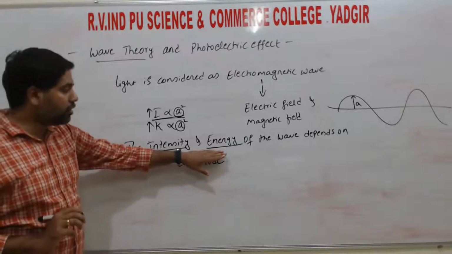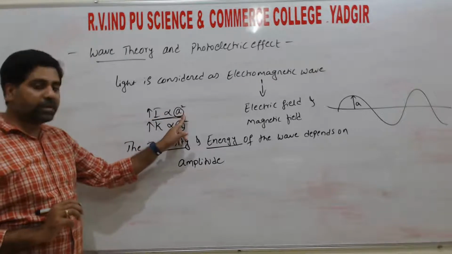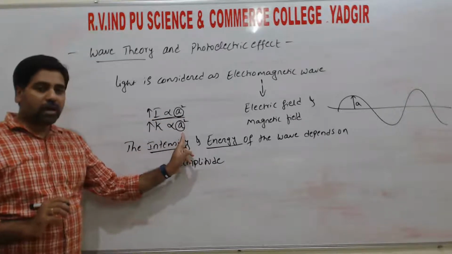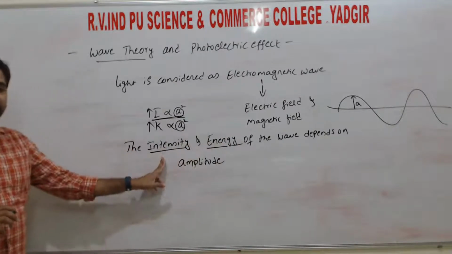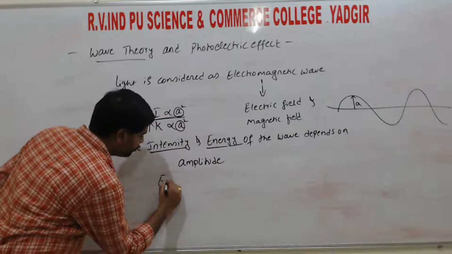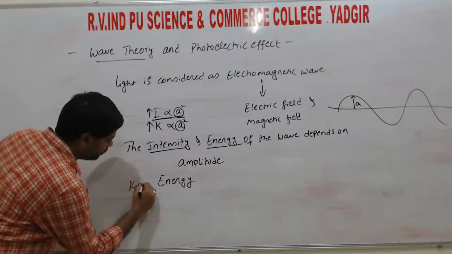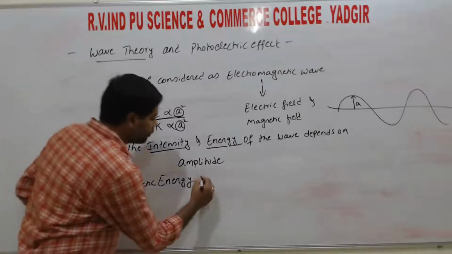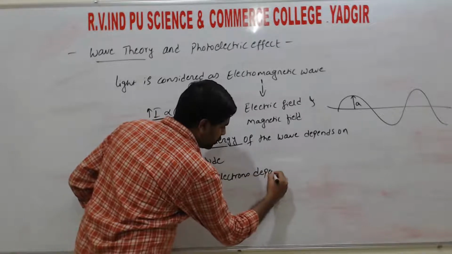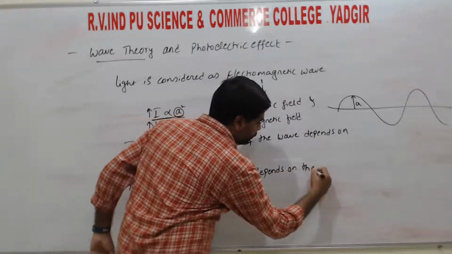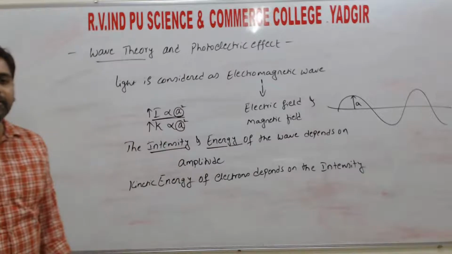Hence, the energy of the photoelectrons depends on the intensity, right? Because here intensity depends on the amplitude and energy also depends on the amplitude. So in wave theory, the kinetic energy of electrons or photoelectrons depends on the intensity, right?